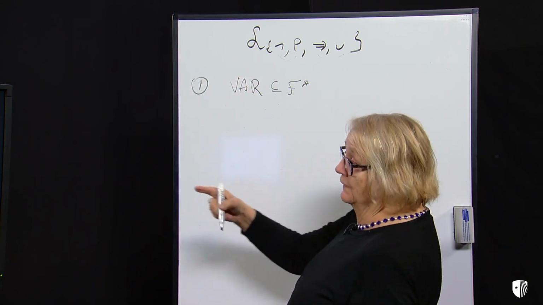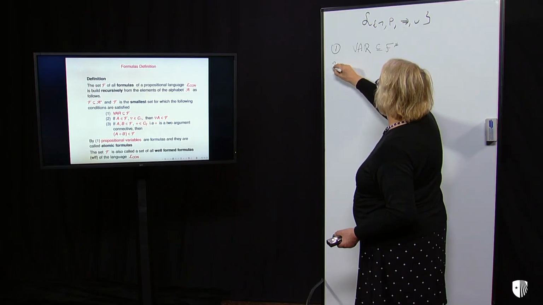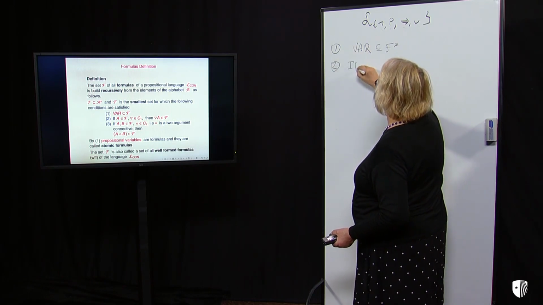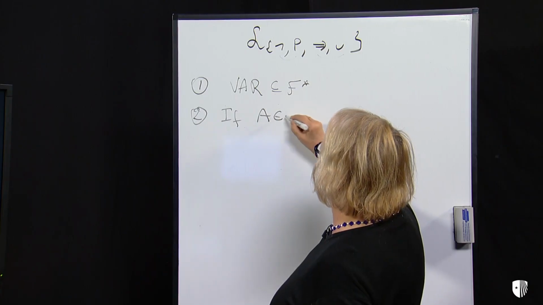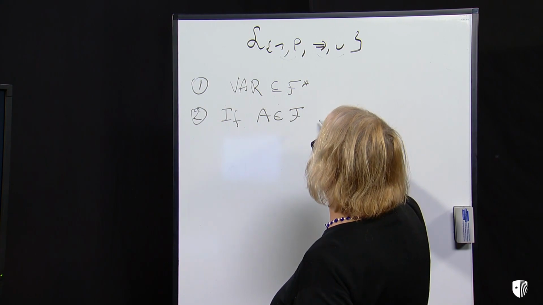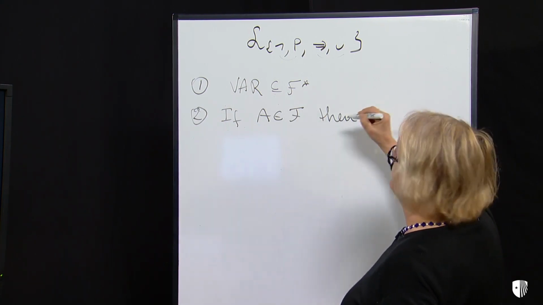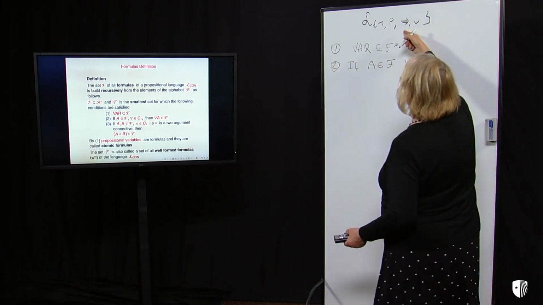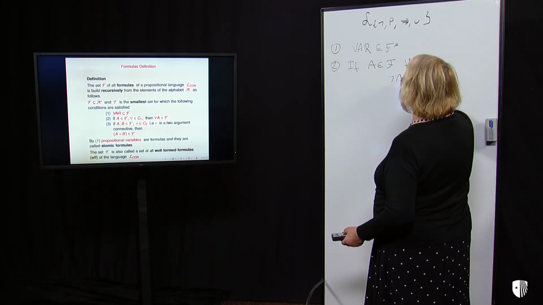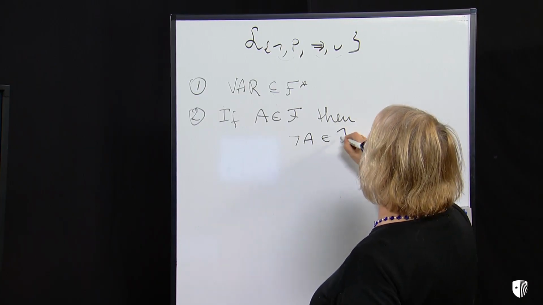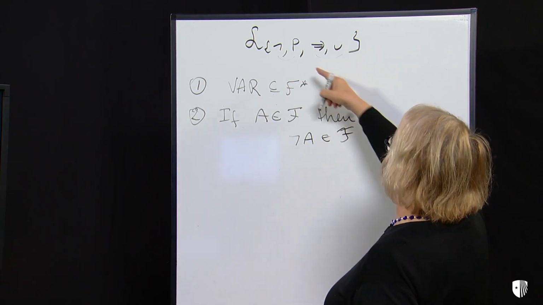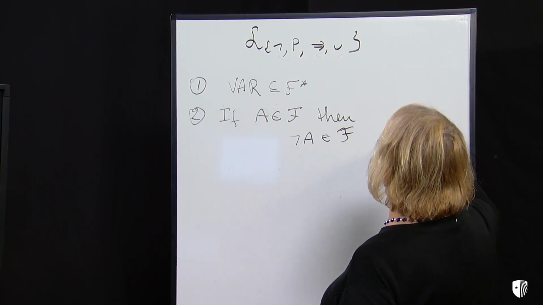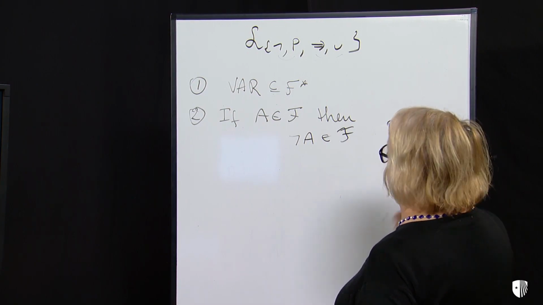And now what it says, if you have already a formula, then for any unary connective, in this case we would have not A is a formula and P A is a formula.